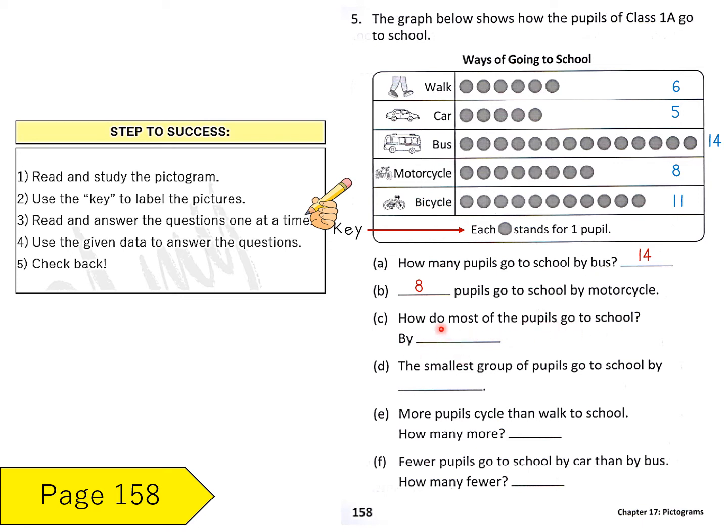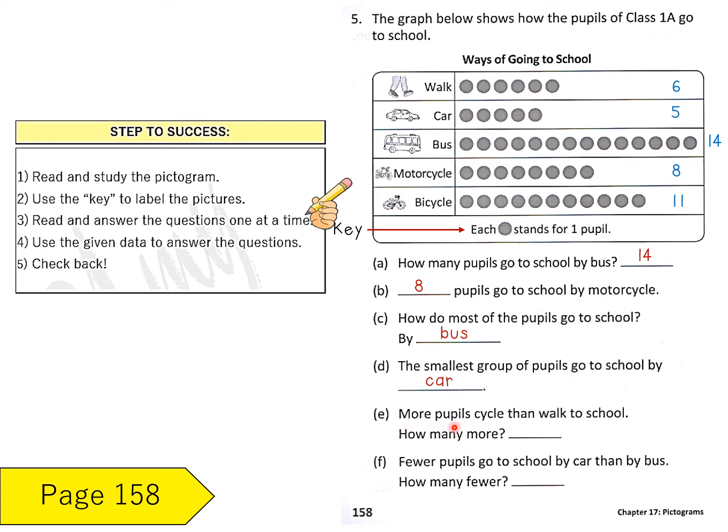By what? Most means yang paling ramai, yang paling banyak. So which one? We can see it's by bus. D. The smallest group of pupils go to school by, yang paling sedikit, by car.